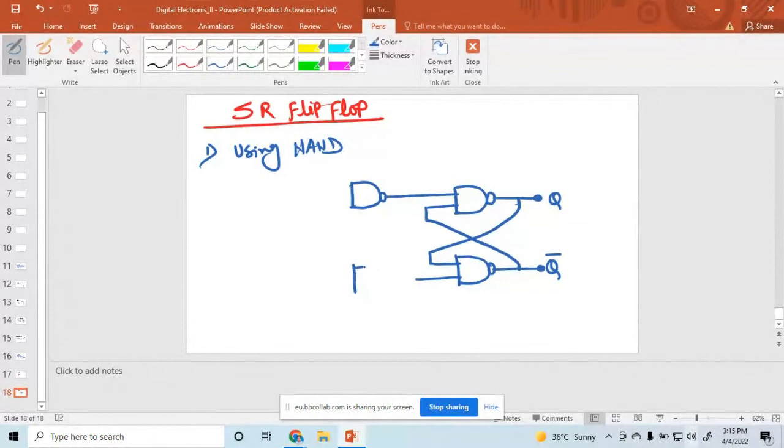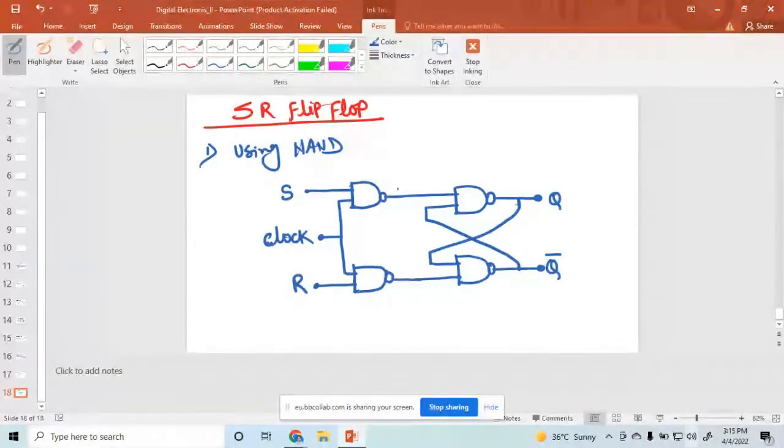One NAND gate is connected here, and then here the input is S, here the input is R, and here the input is clock.